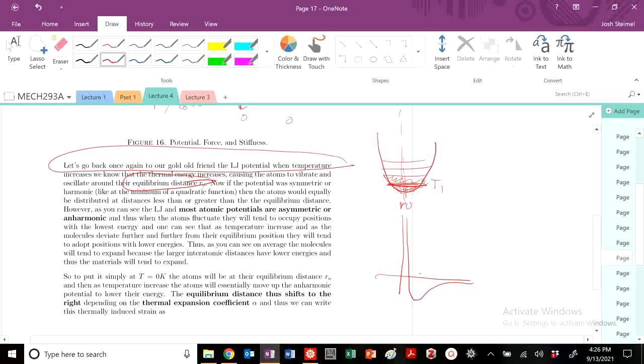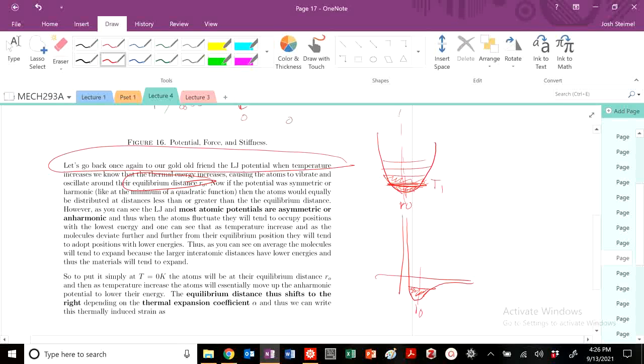So if I look at my R naught value, and I am at a high enough temperature where I could access all these different oscillations, I see here that I'm not going to occupy a lot of these regions right here. At larger distances, you see the energy is not as high.